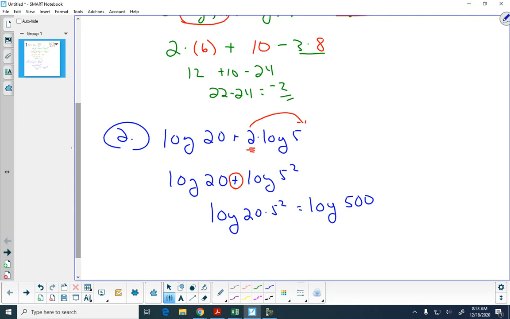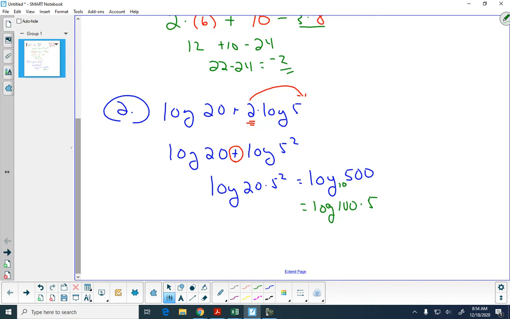Now to simplify this, we're looking for a base of 10. We have a base of 10 here since there's nothing there. We can rewrite this as a log of 100 times the value of 5. And for some reason I put 500 is equal to 2 times 100. That's why I'm a math teacher. And once again, reapplying our property, we have things that are being multiplied together.